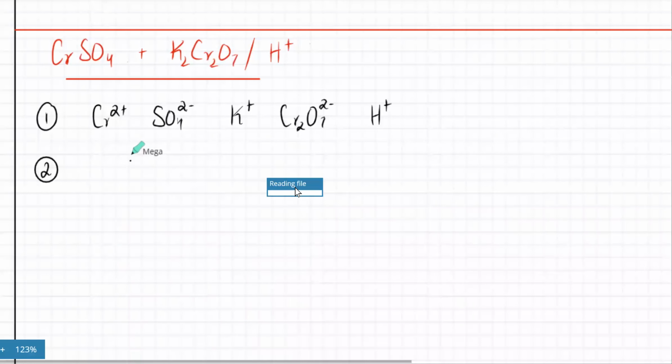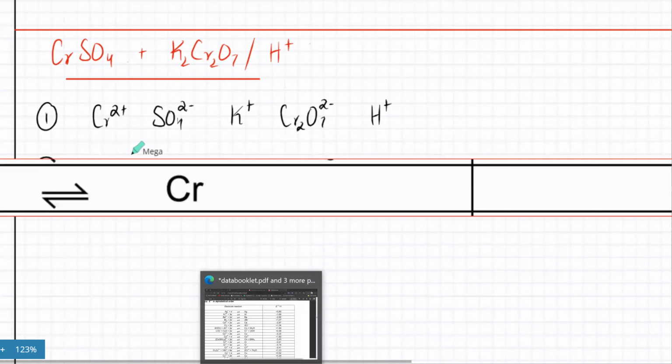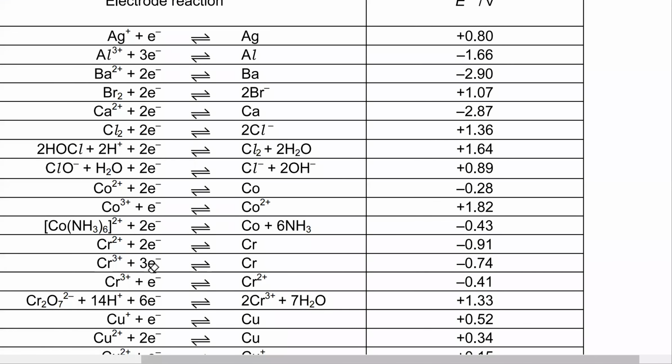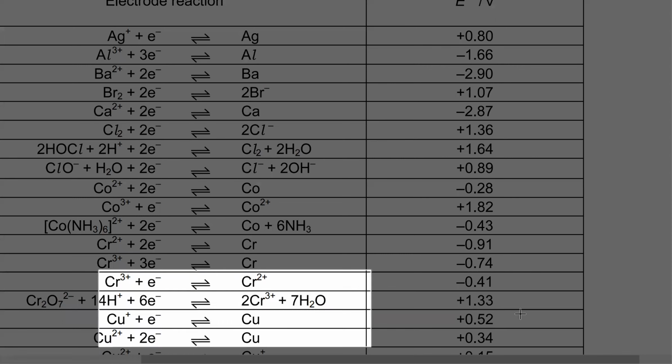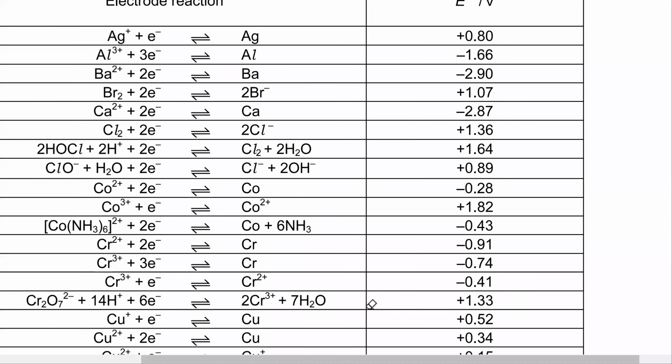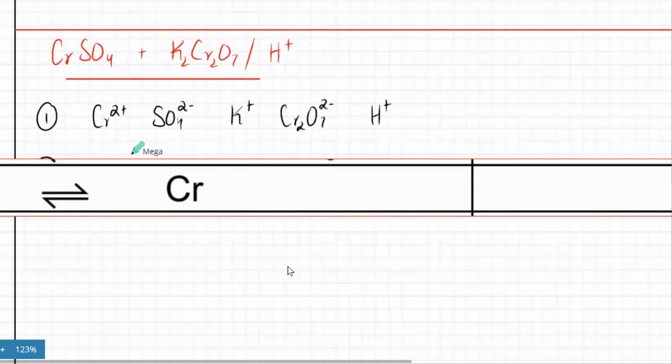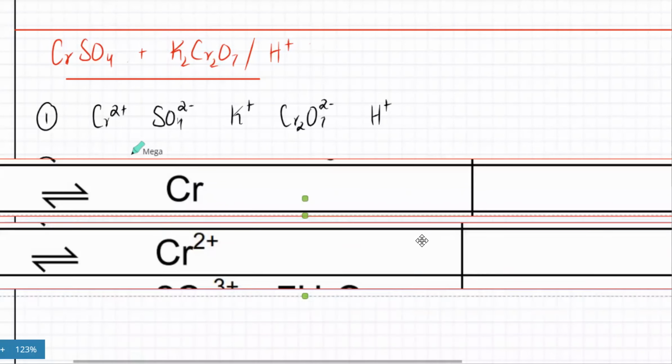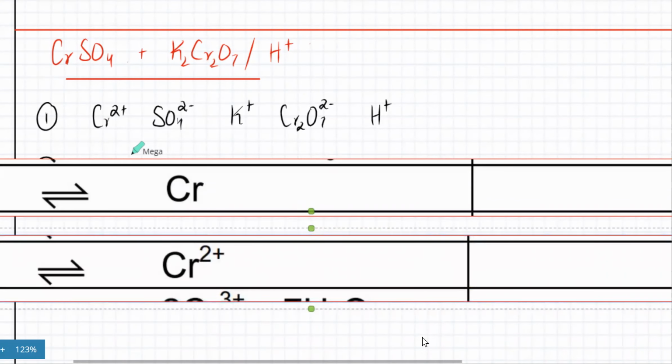I'll first just copy them, I'll sort them out later. And then there's another one which is chromium 2 plus. If you can see over here, it involves chromium 2 plus, so I'll write that down as well.